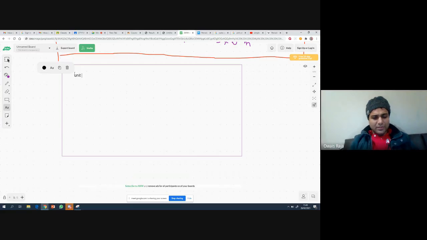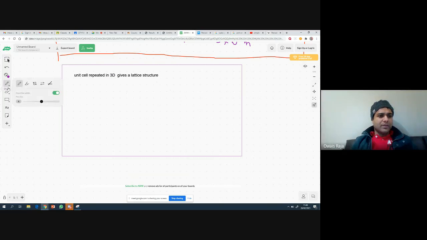So, unit cell repeated in three dimensions gives a lattice. That's what happened. Okay. Next bit.